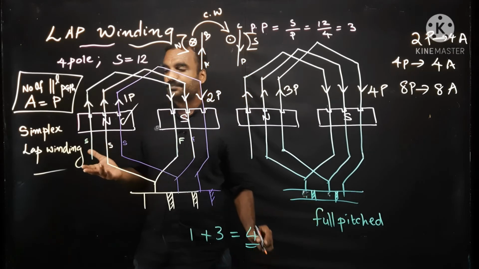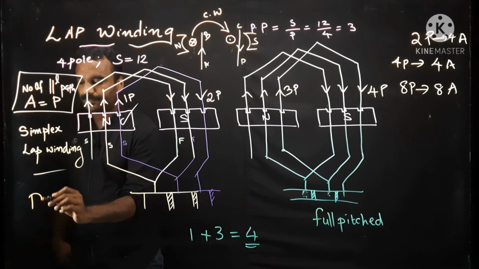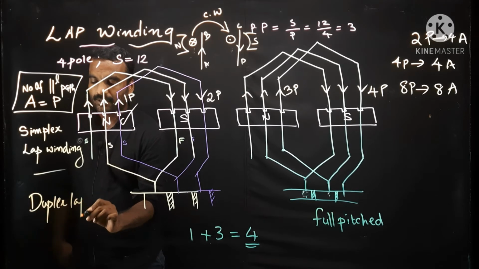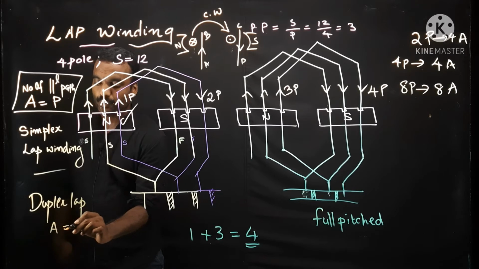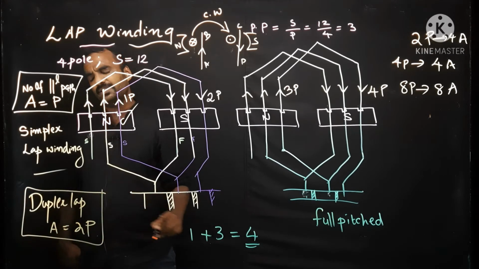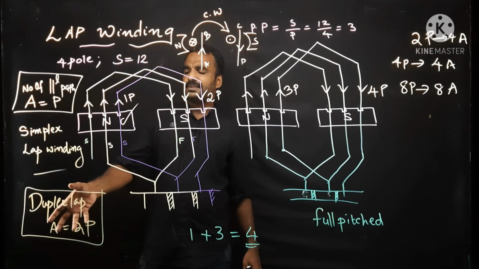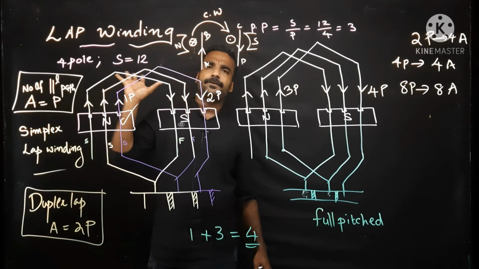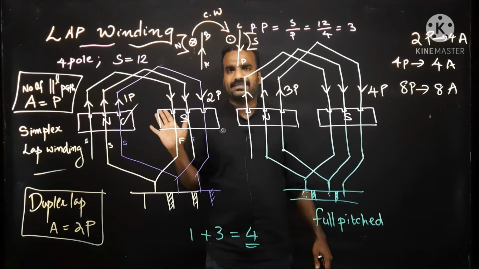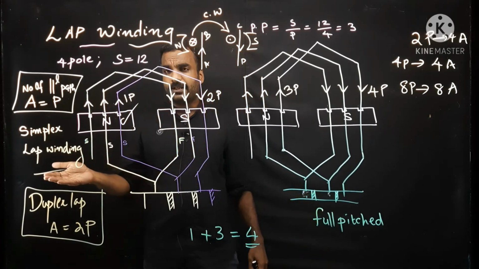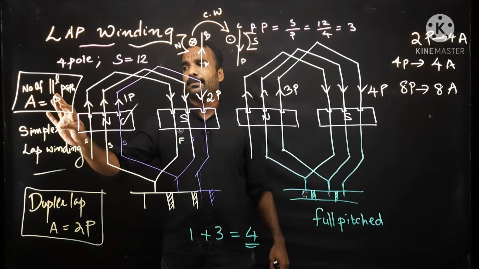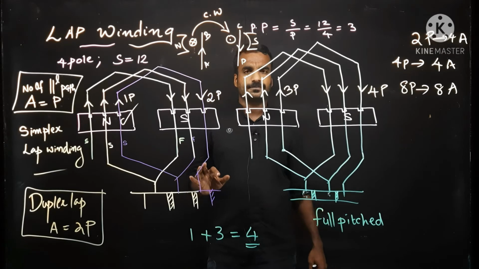In that case, for duplex lap, A is equal to 2P. That is not a common case that you have to deal with, but you have to keep this in mind. But generally, we are always talking about lap winding or simplex lap winding. We will not tell specifically about simplex or duplex. In that case, number of parallel paths is equal to number of poles.